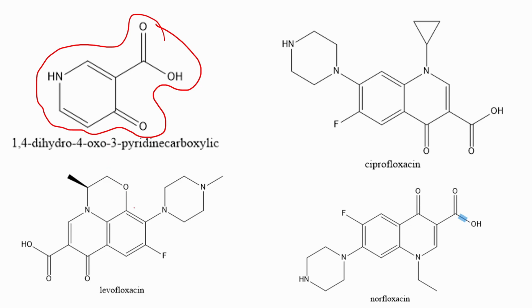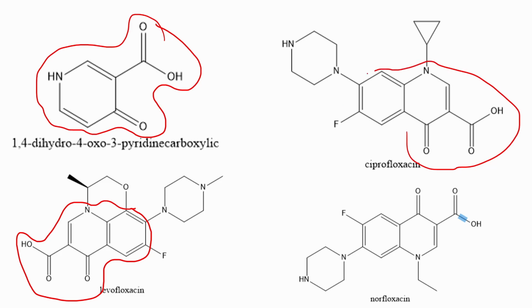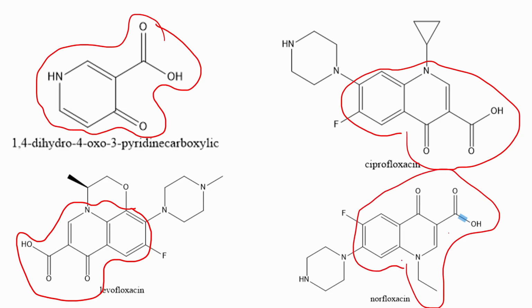I will highlight it on the other parts of the structures. You can see it here, here, and here. Okay, so levofloxacin, norfloxacin, and ciprofloxacin has this 1,4-dihydro-4-oxo-3-pyridine carboxylic acid as the main part of its antibacterial activity.